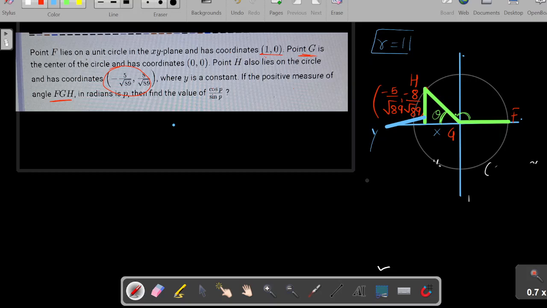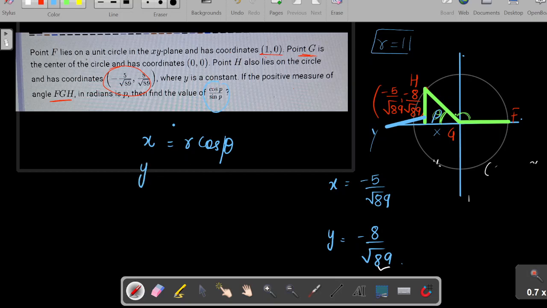X is negative 5 over root 89, and y is negative 8 over root 89. And you know already that x equals r cos theta. Here theta is P, so I'll write theta only, nothing to worry about, but you can write P also because it is given in the question. And y equals r sin theta, or r sin P.